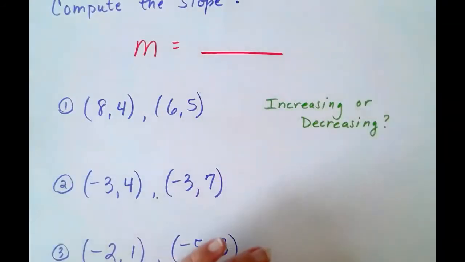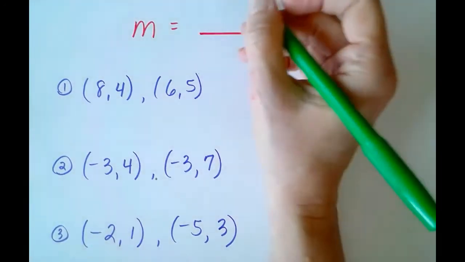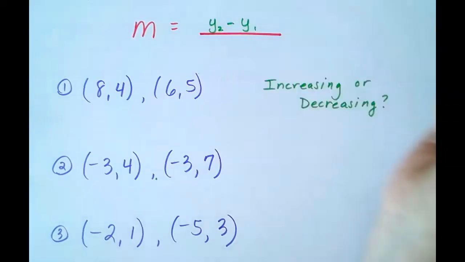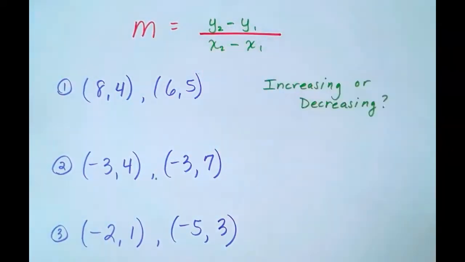So let's compute the slope using the slope formula. So once again, what is our slope formula? Our slope formula is y2 minus y1 over x2 minus x1. The difference in the y-coordinates over the difference in the x-coordinates.